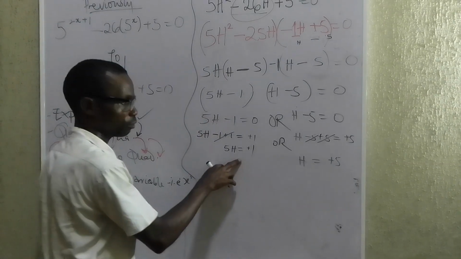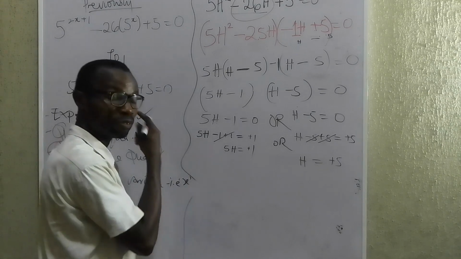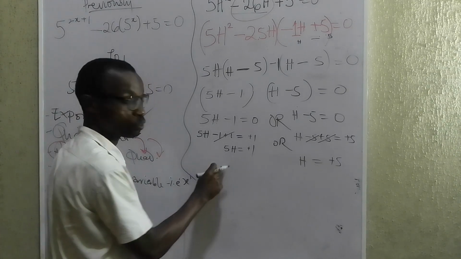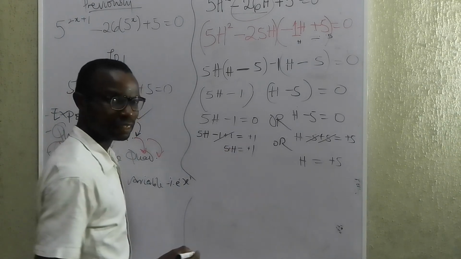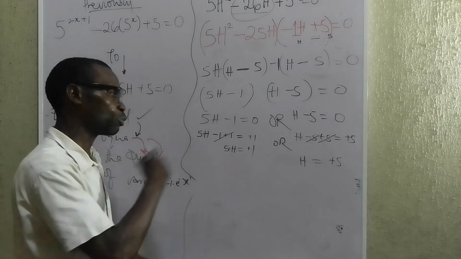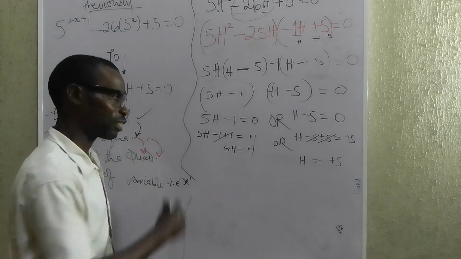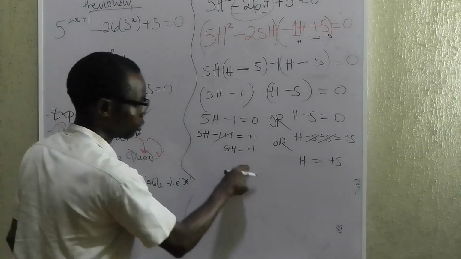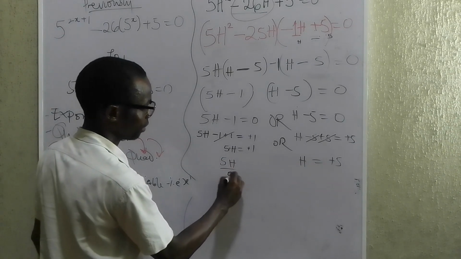Now this is not done, but this is done. What are we looking for here? We are not looking for 5h, we're looking for h. We want h to stand alone. What's the relationship between 5 and h? There's a multiplication sign. So what we need to do is the opposite of multiplication, that is divide. Divide both sides by the coefficient of h. What's the coefficient of h? That's 5. So we divide both sides by 5. So it's going to be 5h all over 5.